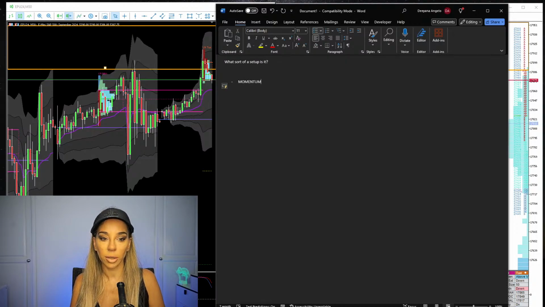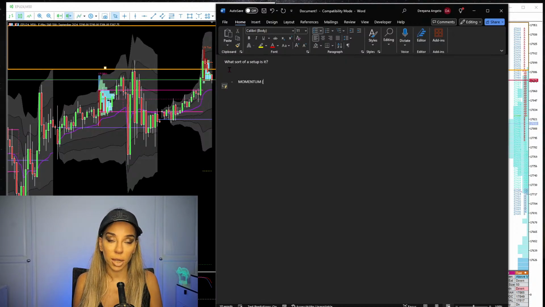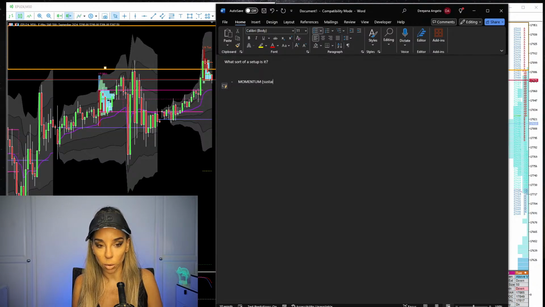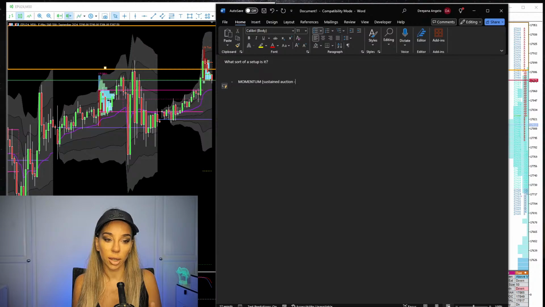So here's a momentum setup. And then there's subsets of momentums. There's a sustained auction, which can actually have 2 entries. I can either have a break of the initial balance high, which is a little bit risky because a lot of those breaks tend to fail on the first attempt, like we've seen in copper, right?